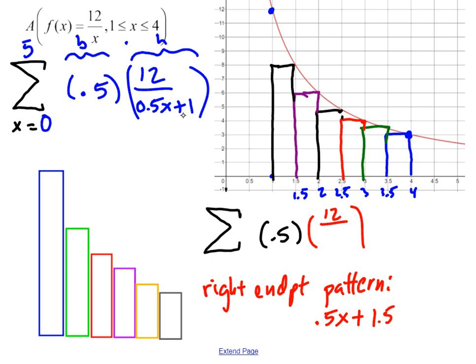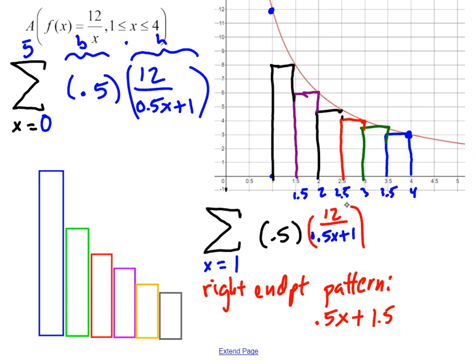I mean, really, this 0.5x plus 1, those values are in here. It's just a matter of what I'm plugging in and where I stop. So I can still put in 0.5x plus 1, but I got to think about what x is, or my first input for x, to get now a 1.5, and then a 2 and 2.5, and then I want it to stop at 4. Well, really, if you look here, if x is 1, don't I get 1.5?